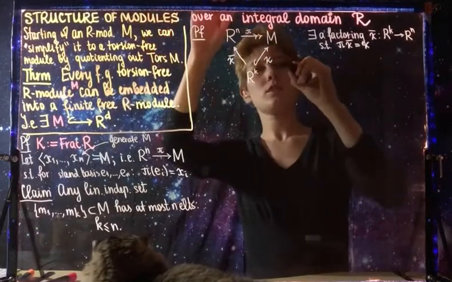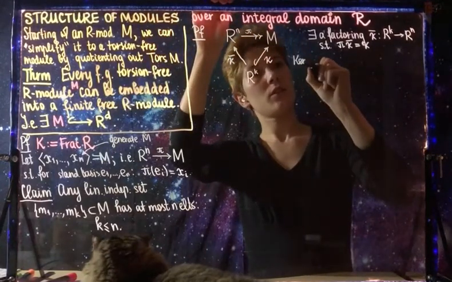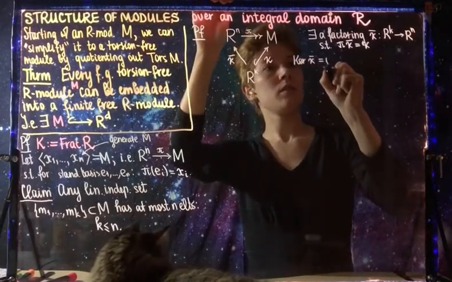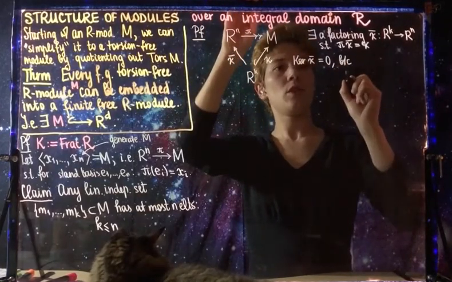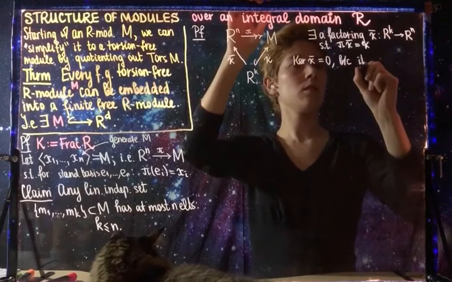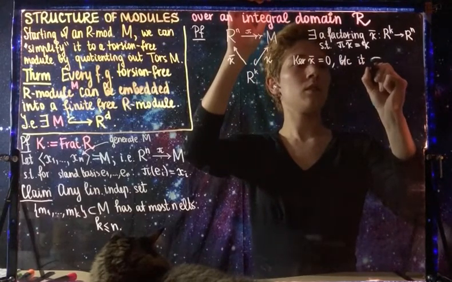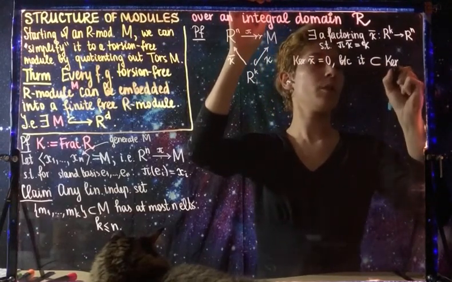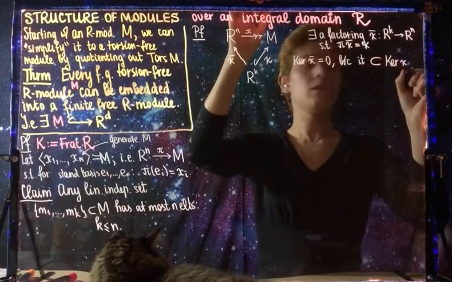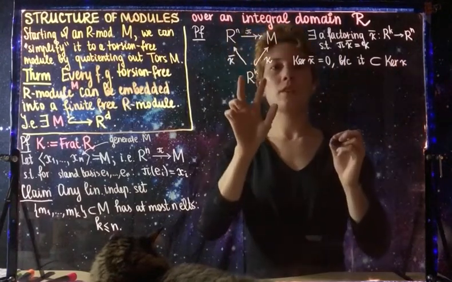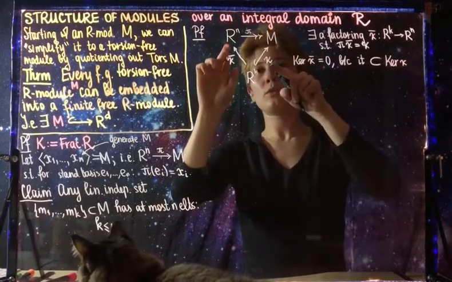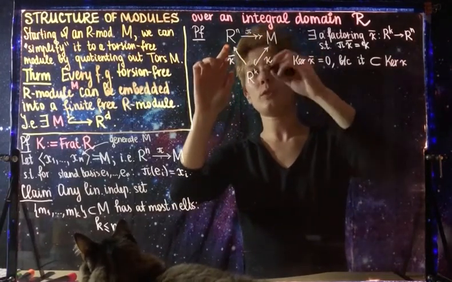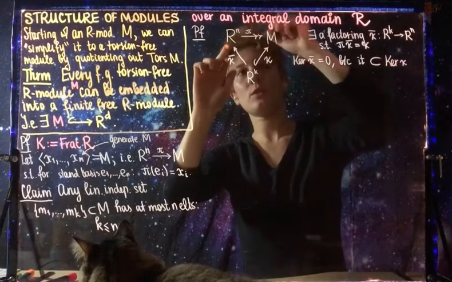Now observe that the kernel of kappa bar is equal to 0, because it is contained inside the kernel of kappa: anything that maps to 0 by kappa bar will also map to 0 by kappa, because pi takes 0 to 0.